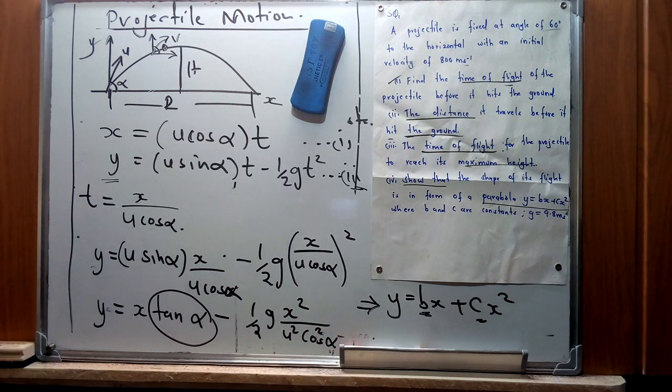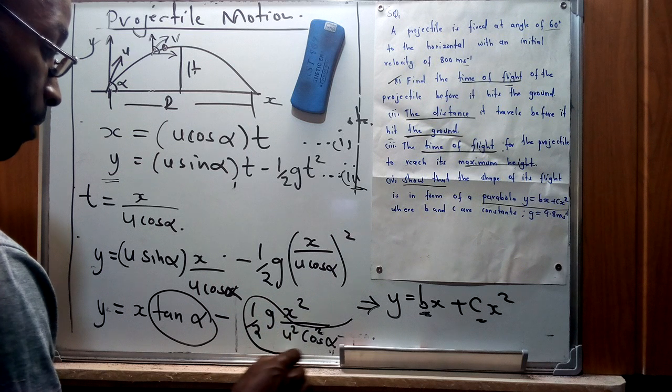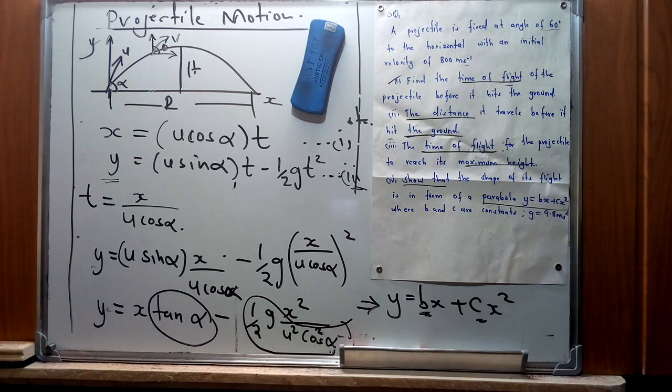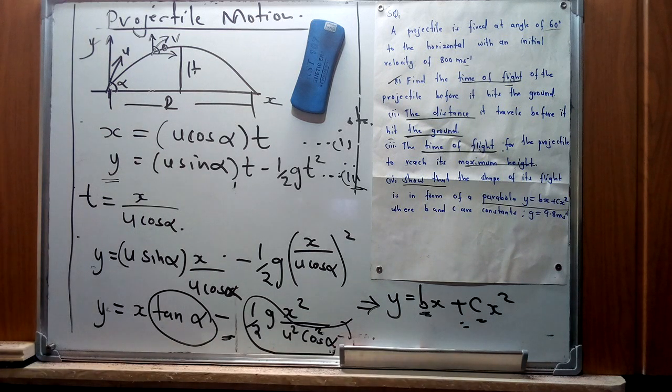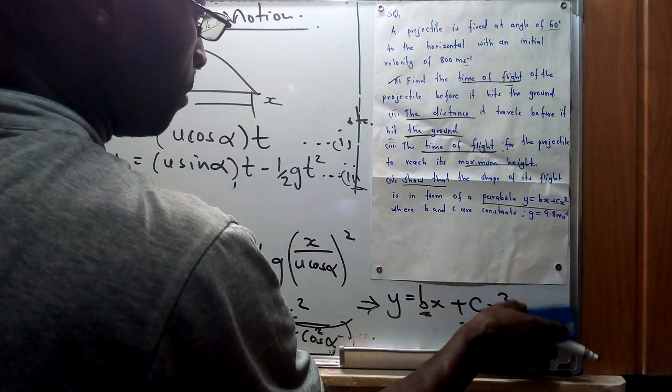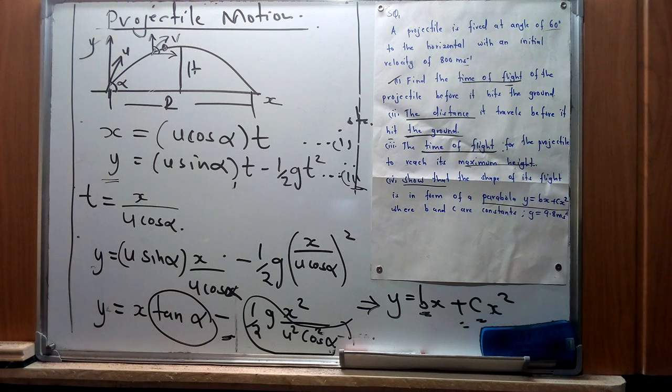Of course, the other section of the equation is representing x squared. Bearing in mind that this one is negative, it still forms part of the equation analogous to the equation of a parabola. So the constant c is going to be negative g over 2u squared cosine squared alpha. So basically, that's how we can show that that is the case for this particular problem, the set that we have on the board.